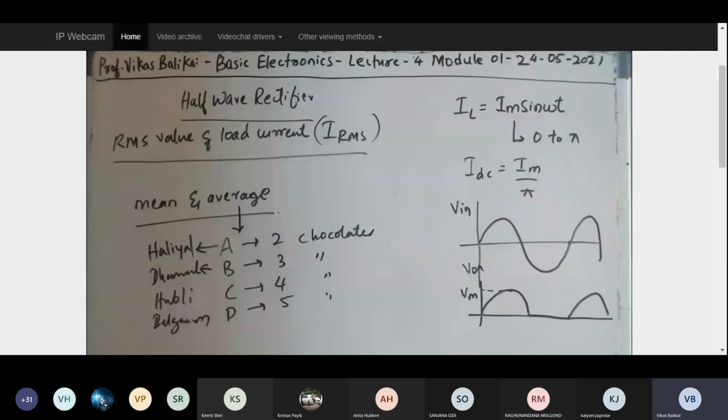here the usage of the term average should not be used, because the distribution of the chocolates is not based on a particular person, but rather it is based on the geographical location.